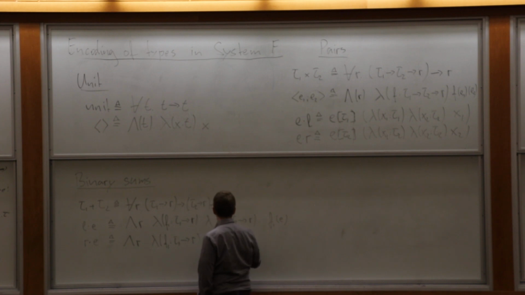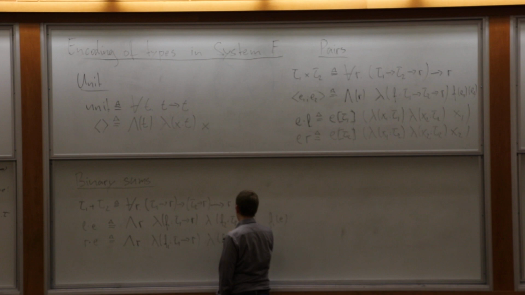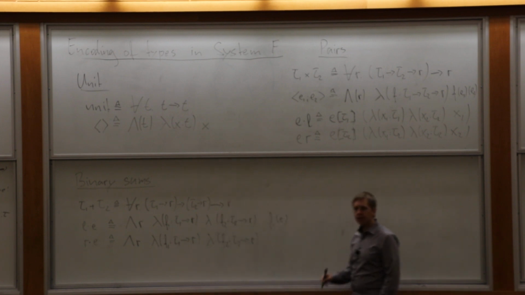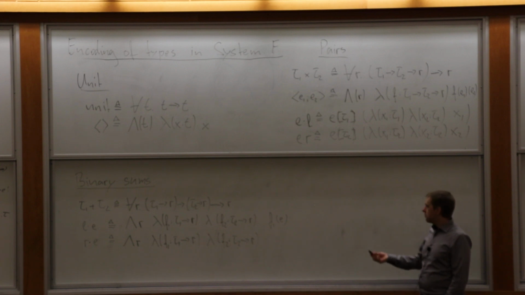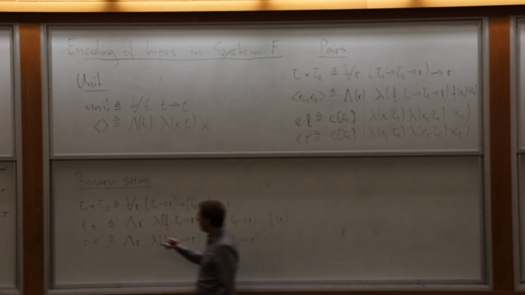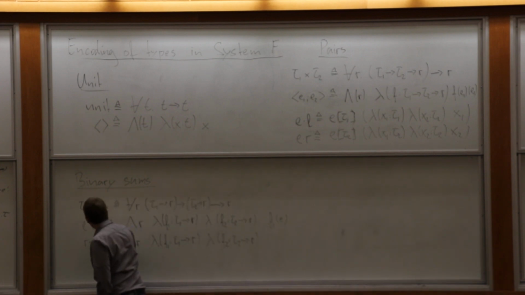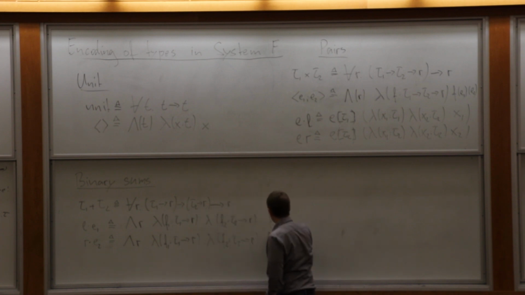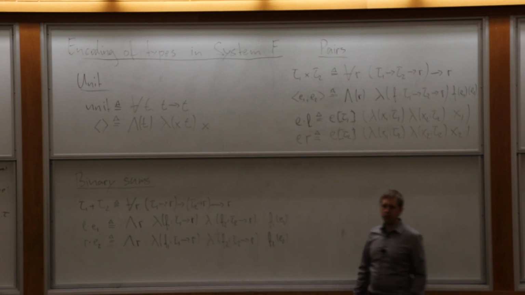We just have to follow this, and this time it would be better to call this here E1 and the second one E2. So this time we have to use the F2.